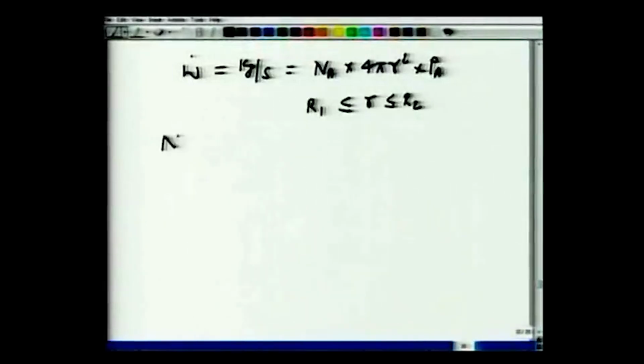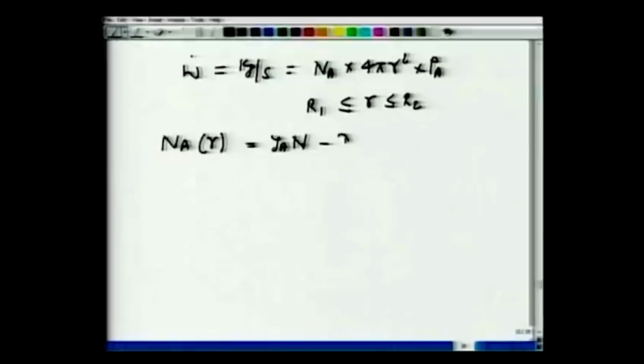Now we have the expressions for Na as a function of r, mole fractions Ya into N minus D diffusivity dCA over dr.